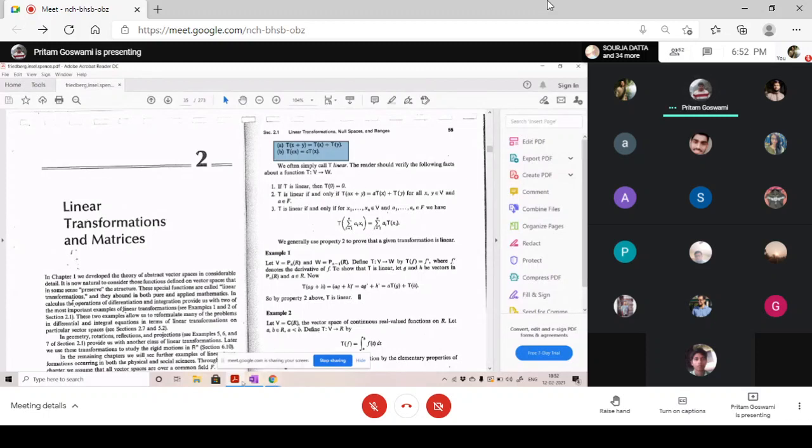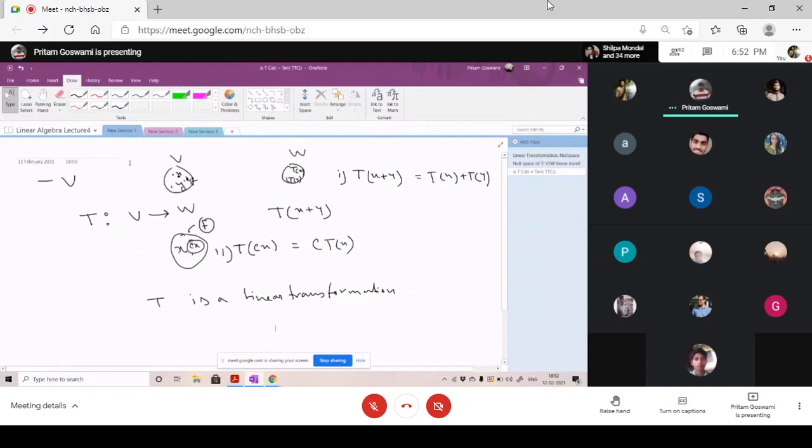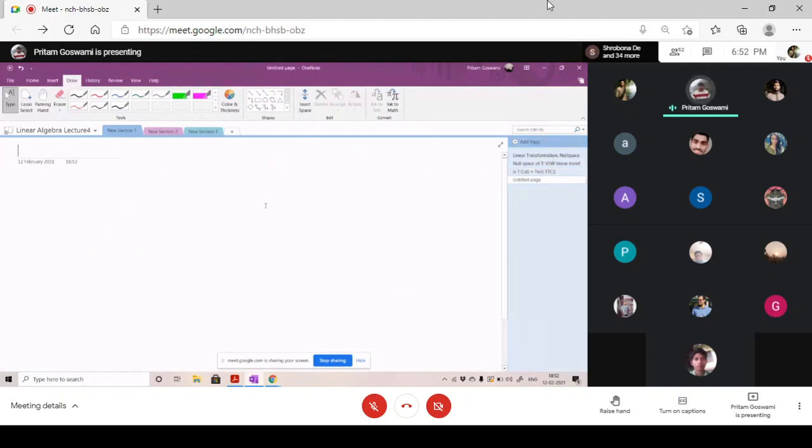So if I give you a function T and define it like x and y, you just have to check if T of the 0 vector of V, the image of the 0 vector of V, is the 0 vector of W or not.